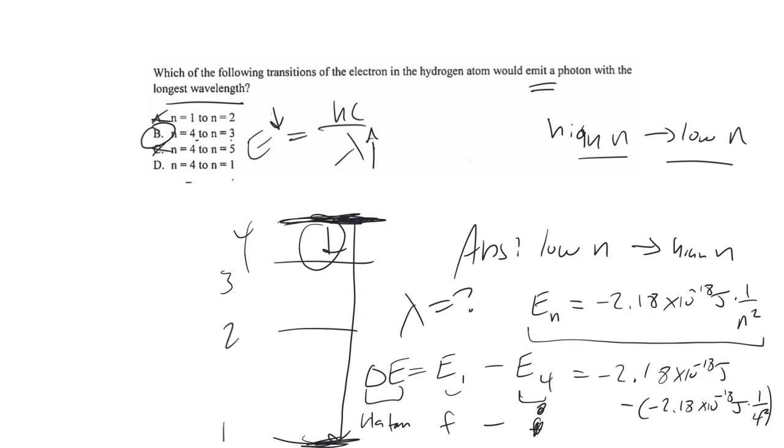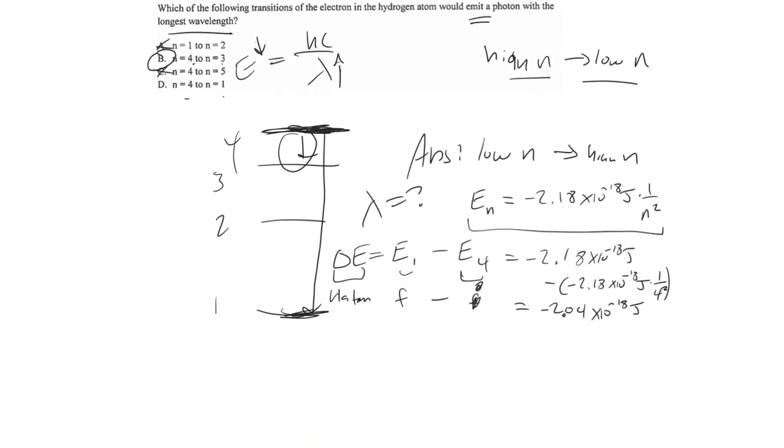Negative 2.18 times 10 to the minus 18 joules minus negative 2.18 times 10 to the minus 18 joules divided by 16. Now this should be negative, as mentioned earlier. The H atom is losing energy, 2.04 times 10 to the minus 18 joules. So the H atom loses energy.